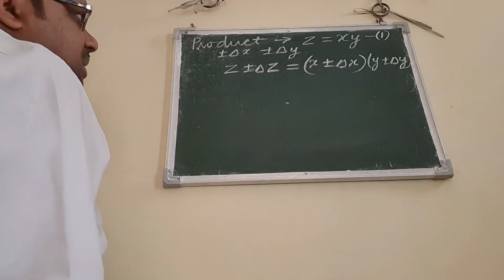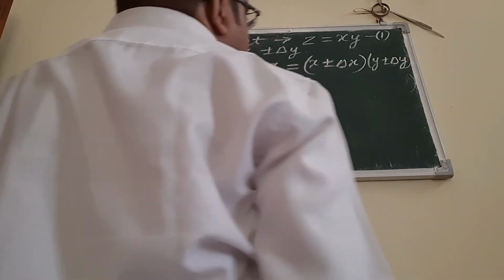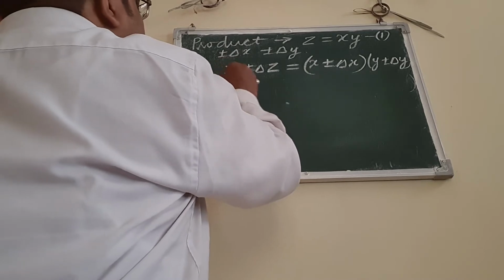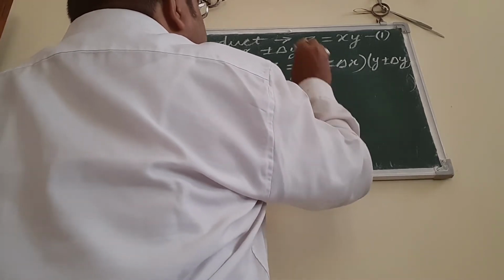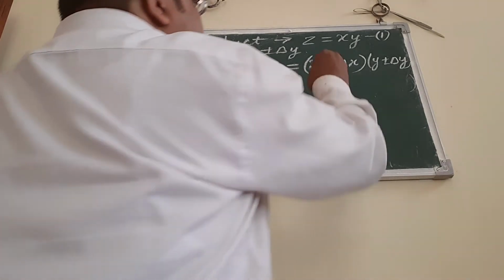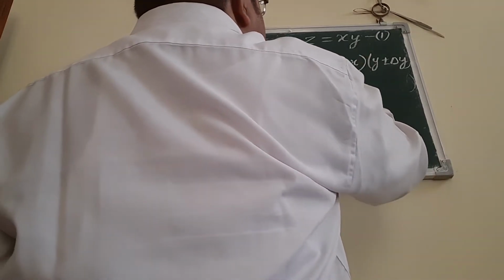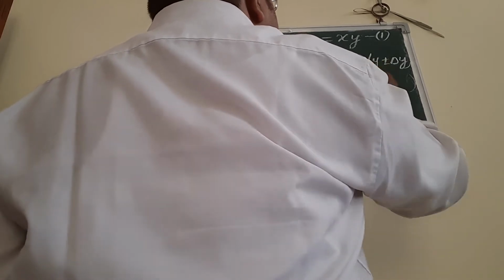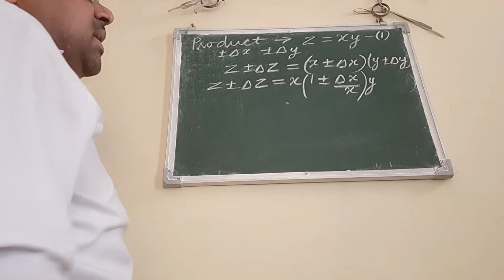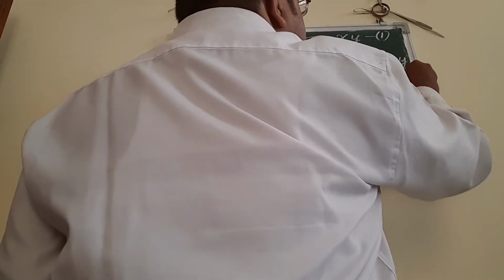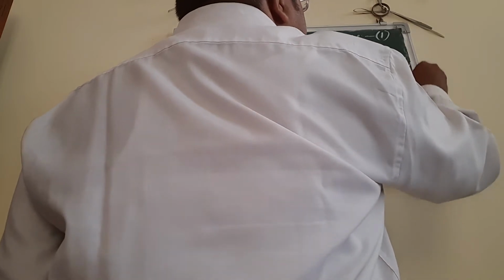Now for simplification, we are taking x and y common from the right hand side. Taking x common from the first bracket, it becomes 1 plus minus delta x upon x. Taking y common from the second bracket, 1 plus minus delta y upon y.